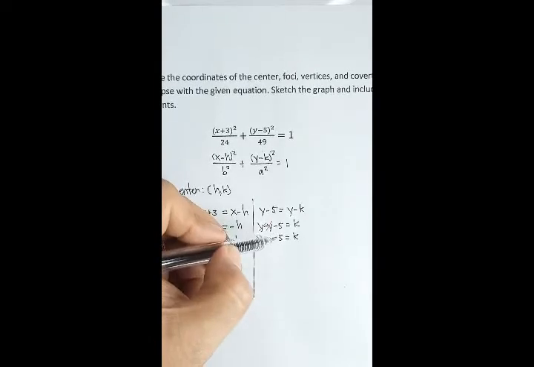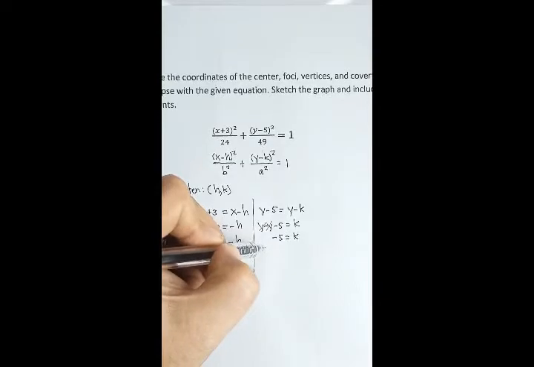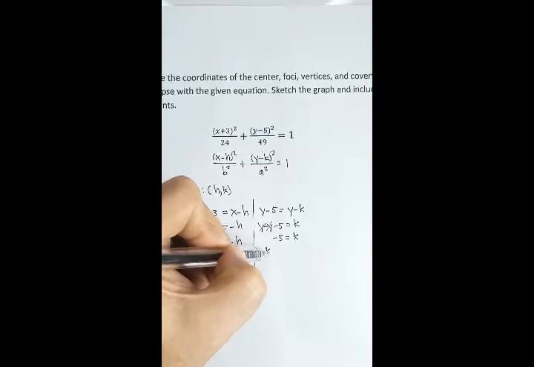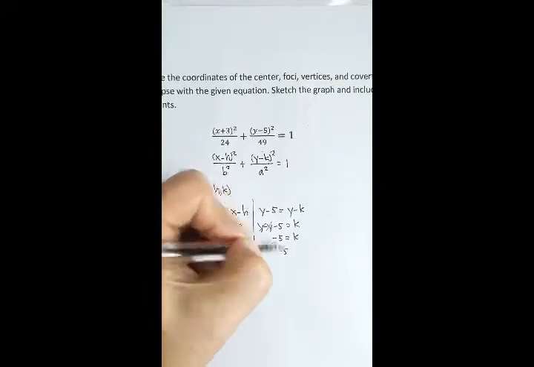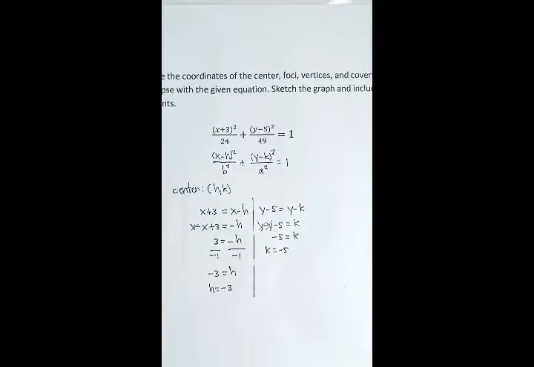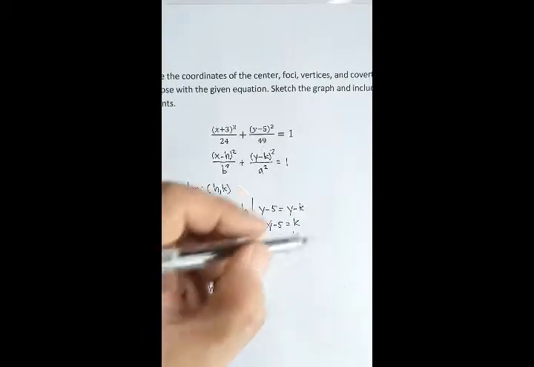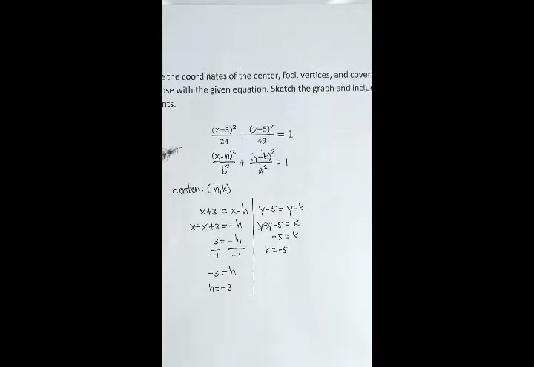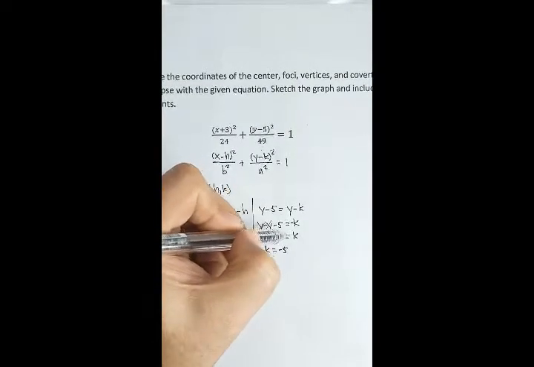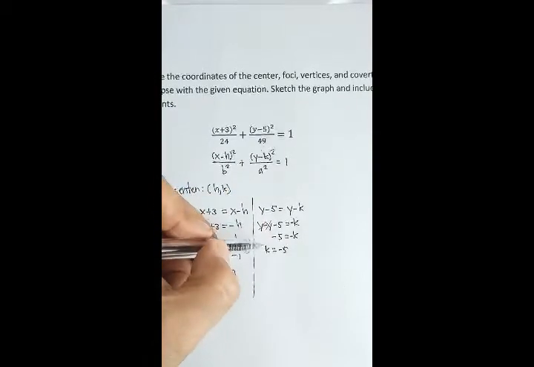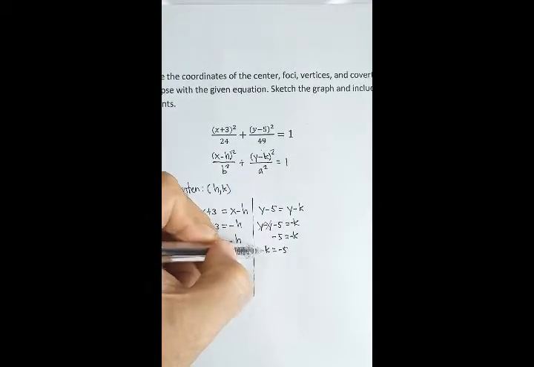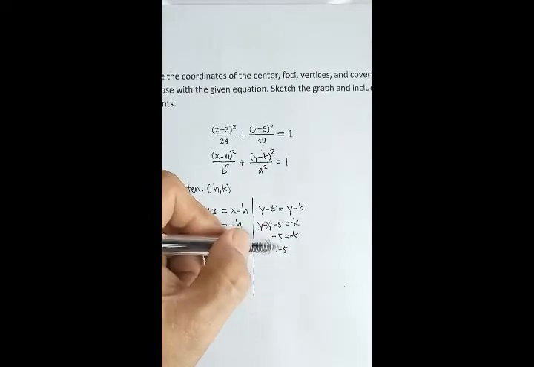Okay. So, our k is equal to negative 5. Sorry, this is negative k. So, it is still negative k. Okay. So, negative k over negative 5.